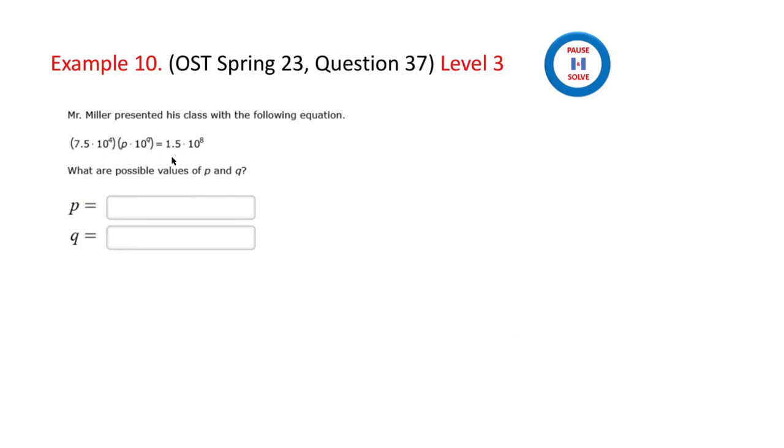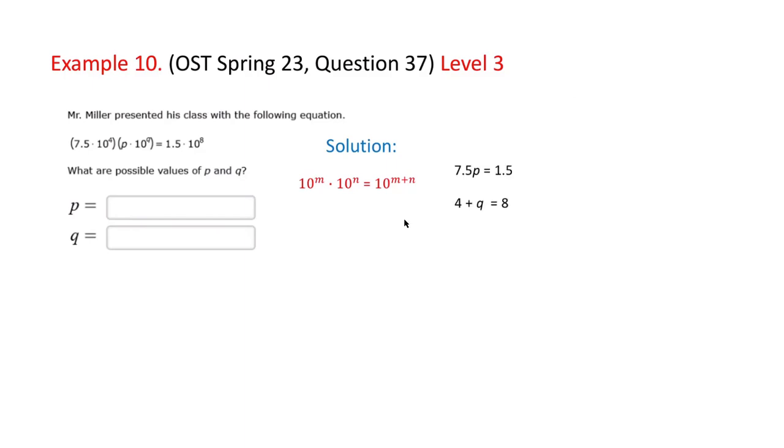So the easiest thing I see I can do with this is, I can multiply these two numbers here and equate that with 1.5. And then 4 plus Q would give you the 8 here. So remember this formula, we just used it earlier also. 10 to the power m times 10 to the power n is 10 to the power m plus n.